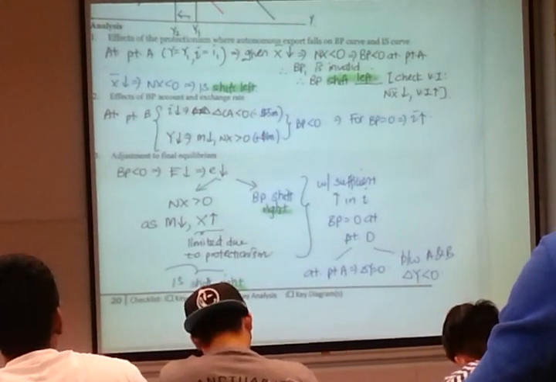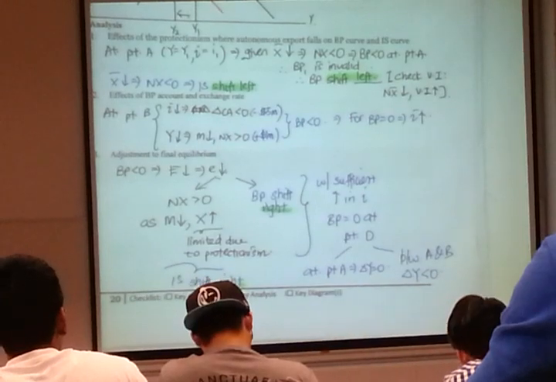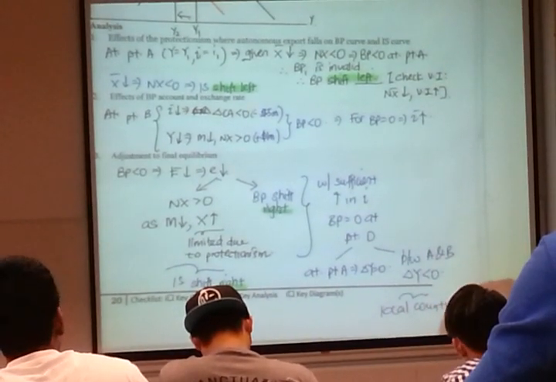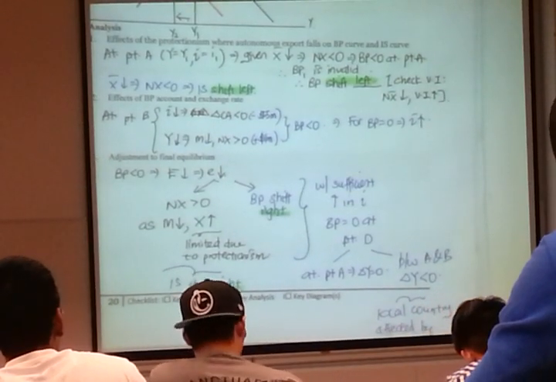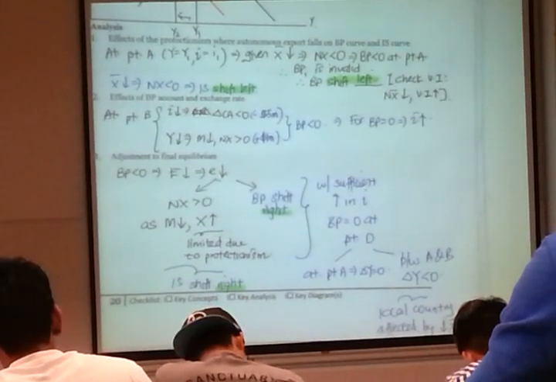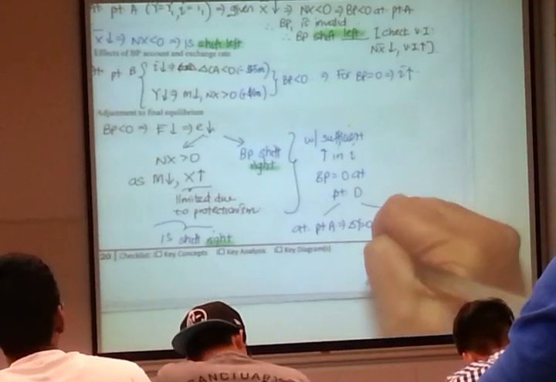But a good exam answer will show both sides of the coin. And therefore, the local country is affected by the drop in X bar.